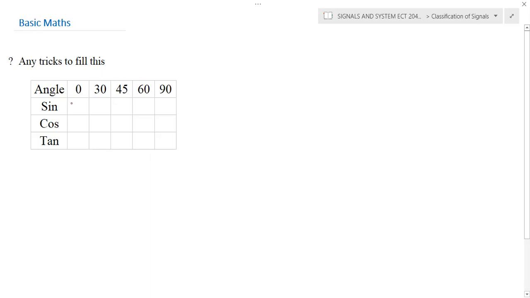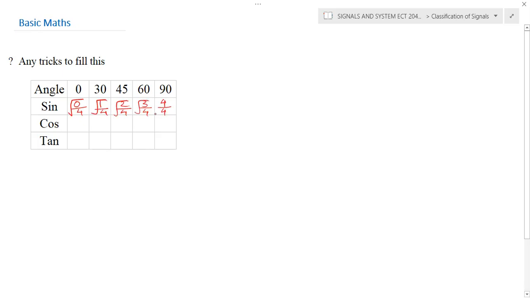Others, please listen. You can simply write these values. First, write 0, 1, 2, 3, 4, and after that you divide by 4, and now we can put a root sign.